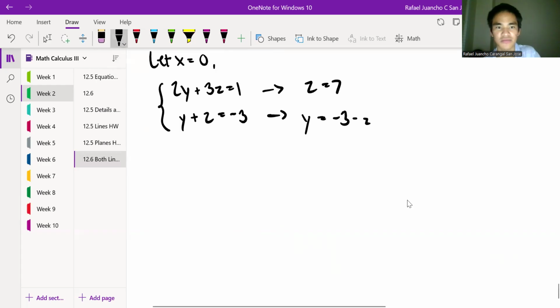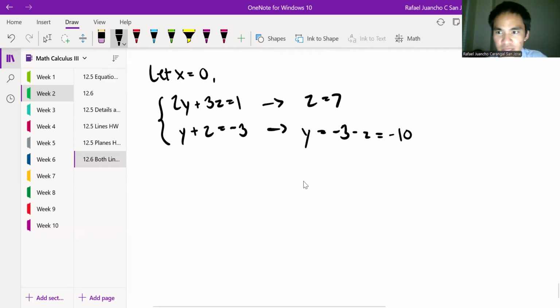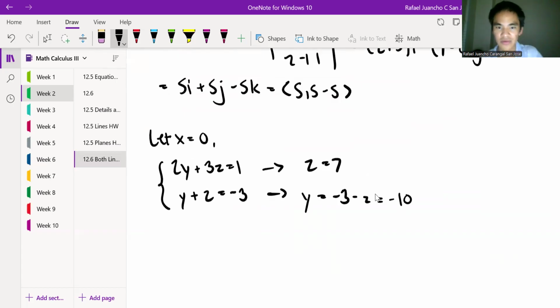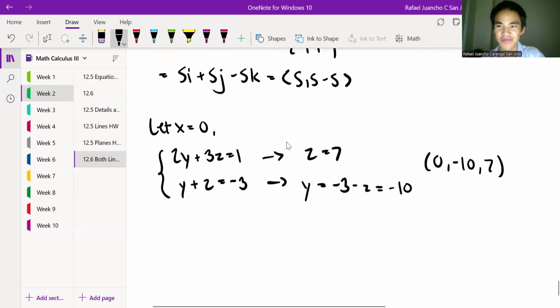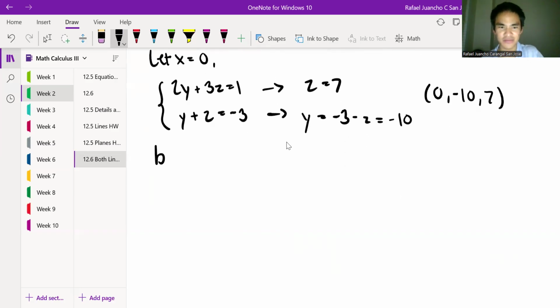So y is -3 minus 7, -10. Okay, now what do we do? Now we actually have a point now. So our point is 0, -10, 7. And from that point, we want to find a direction vector VB.